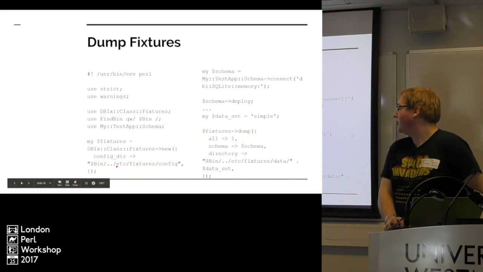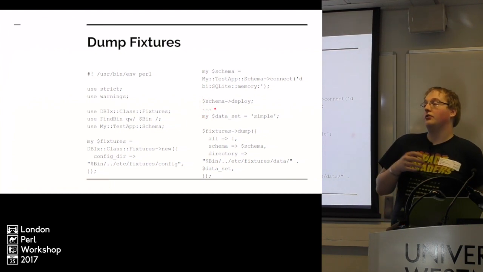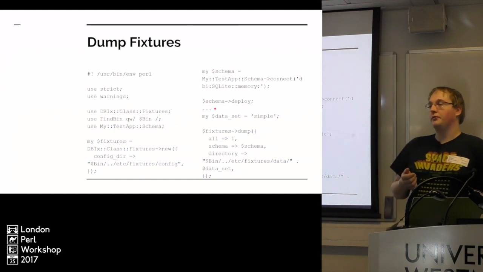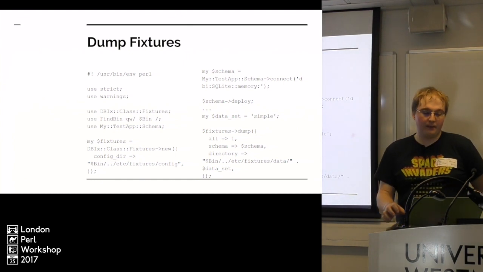Normally I put it in t/etc, or you put it in etc/fixtures. Then the schema: deploy your schema, and then here at the 3 dots, you push your data in. So that's where you do your populate task for putting all the data in you need for this data set.